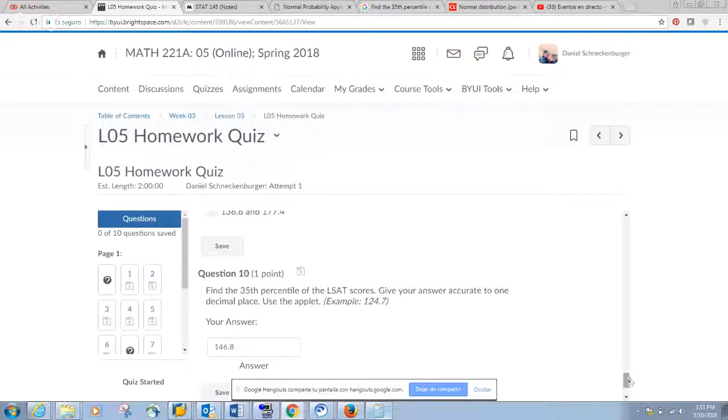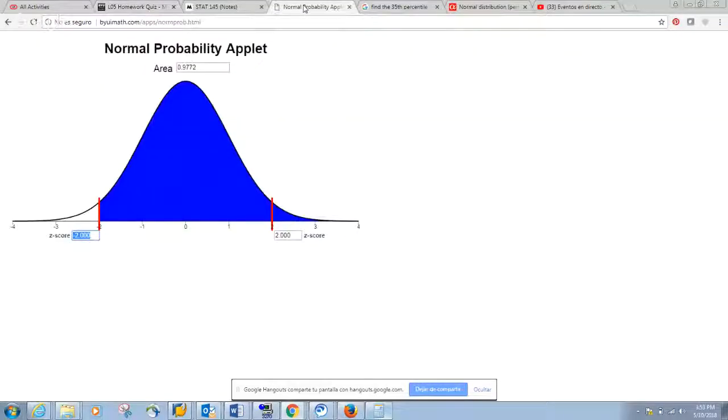In this one, we were supposed to use the applet, so I have the applet right here.